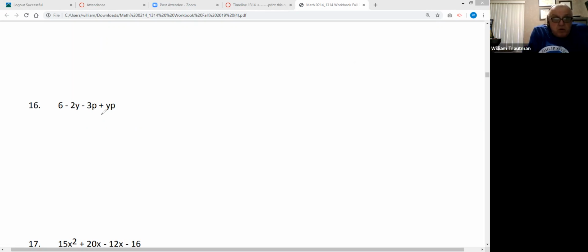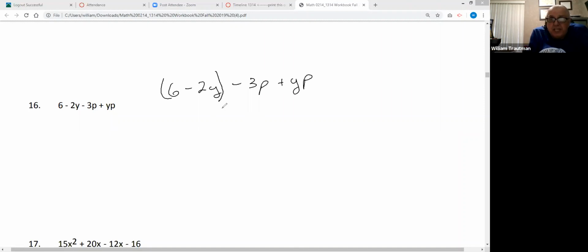Step 1, 4 terms, you have to use a 4-term factoring method. Step 1, put a parentheses around the first 2 terms. I'm going to rewrite this so it's easier for you to see: 6 minus 2y minus 3p plus yp. So step 1 is put a parentheses around the first 2 terms and put a parentheses around the second 2 terms.